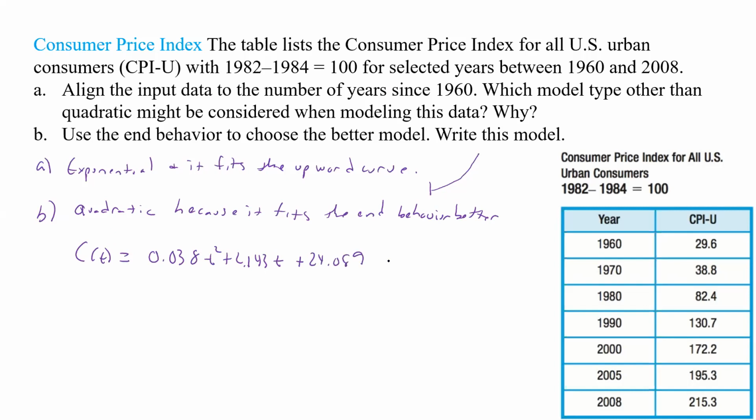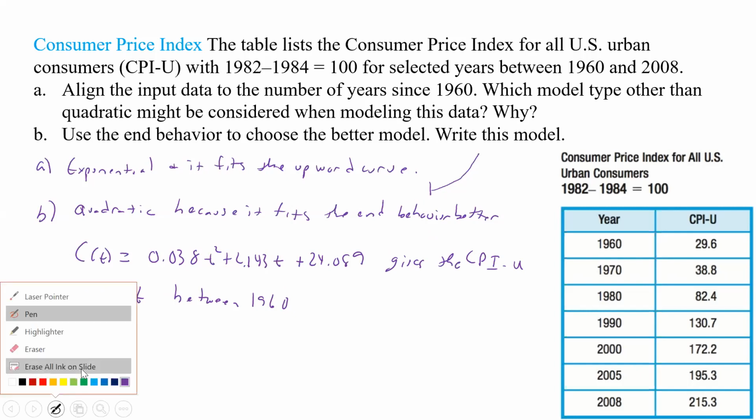And this gives the CPI-U, where t is the number of years since 1960, I should say.